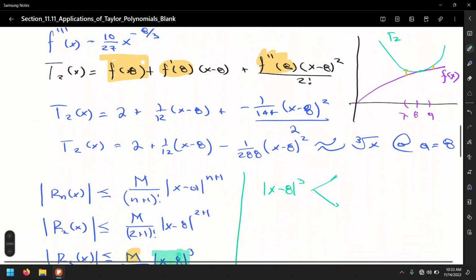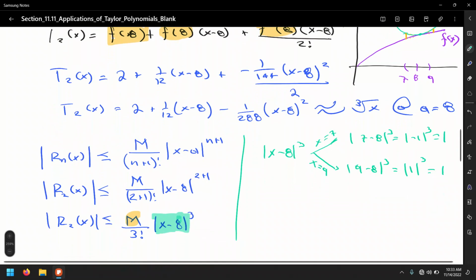So for x equal to 7 and x equal to 9, well, we're going to obtain two results: absolute value of 7 minus 8 to the third power, that's the absolute value of negative 1 to the third, which is just 1. On the other hand, 9 minus 8 to the third power equals 1 to the third power, or absolute value of 1, and that's just 1. So in this case, that doesn't really matter. We can take just 1.